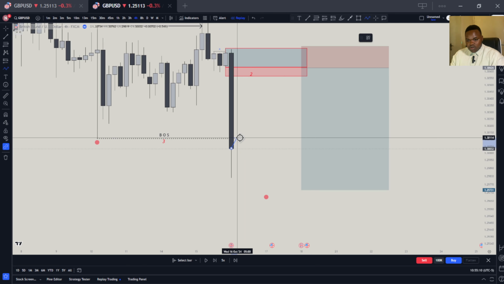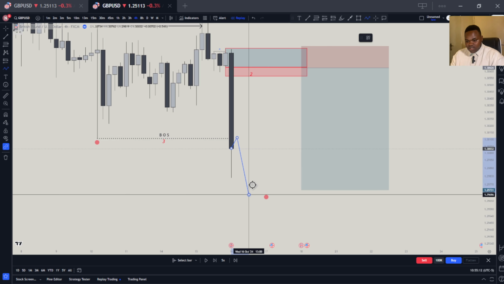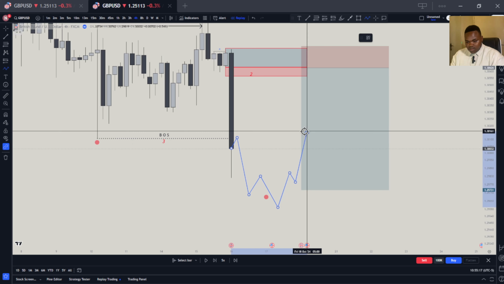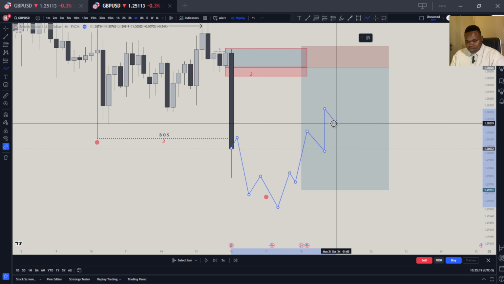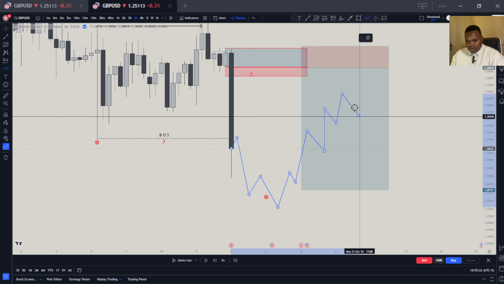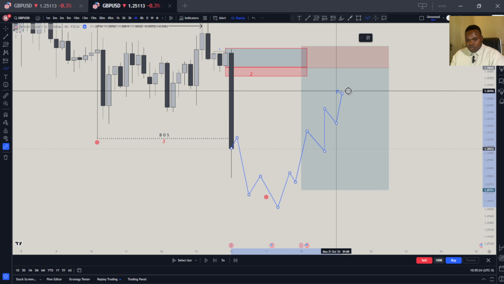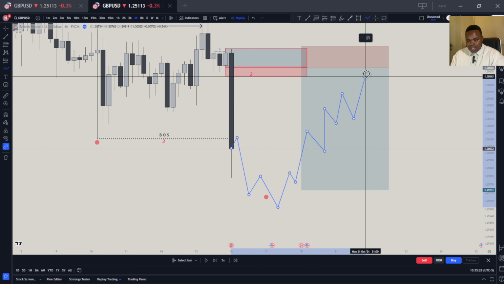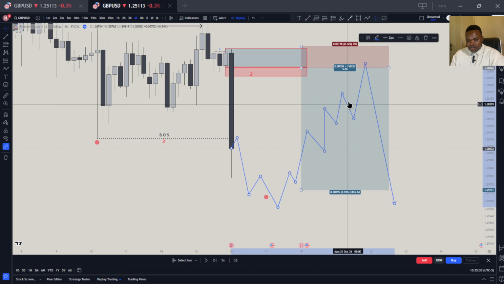You can see cases when the market can do like this, then start pulling back, then it can give you a high right here. Let's give it that block, then sell off. This high becomes the liquidity that is formed prior to mitigating the other block.